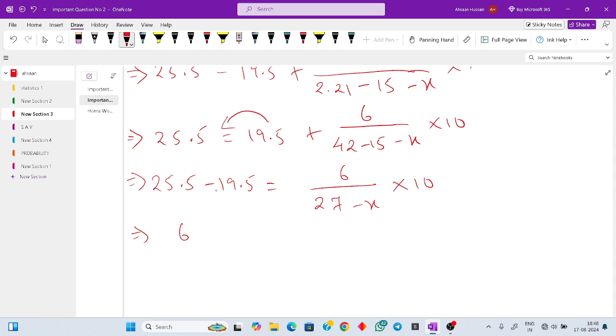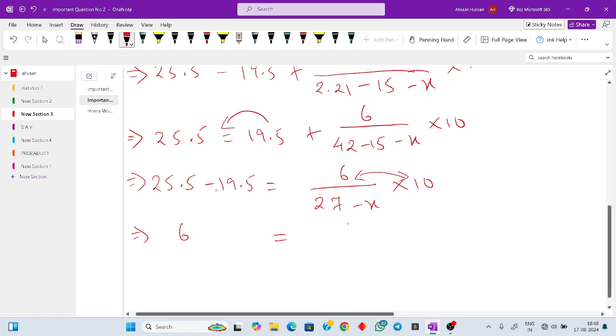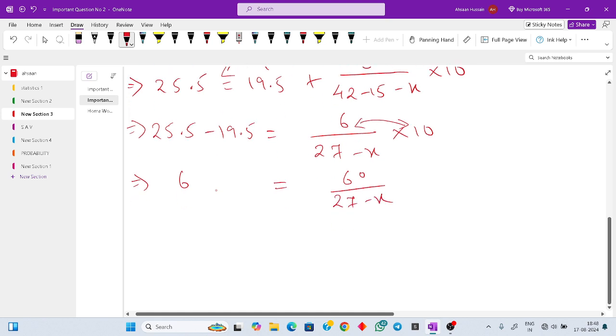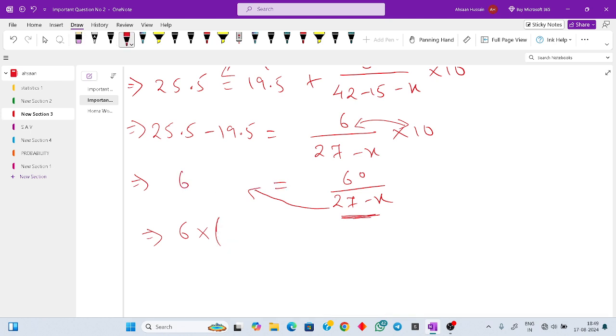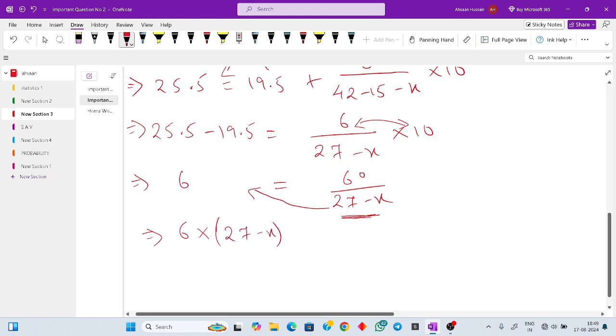Now 6 multiplied by 10 is 60. Now we will exchange the places. If this 27 minus X goes to the other side, it will become multiplied. So write 6 multiplied by (27 minus X) equals 60.